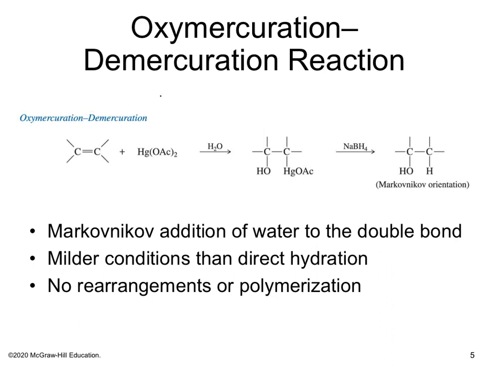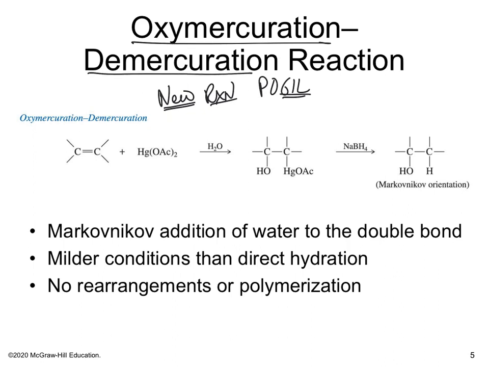Okay, so this is the new reaction, and this is really nice. So you also have a POGIL exercise going through this oxymercuration. We're going to add oxygen and mercury, and then we're going to take off the mercury, and we'll replace the mercury with an H. That's what the D means, demercuration, to remove it. So we're going to add oxygen and mercury.